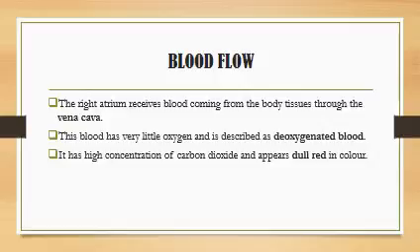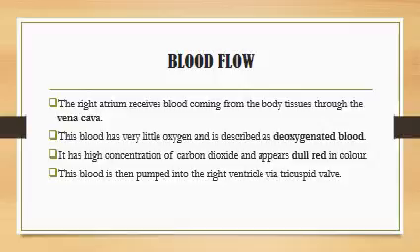Therefore, the color of the blood coming from the rest of the body is dull red. It has a high concentration of carbon dioxide and appears dull red. Remember the color of the arrows that we had.